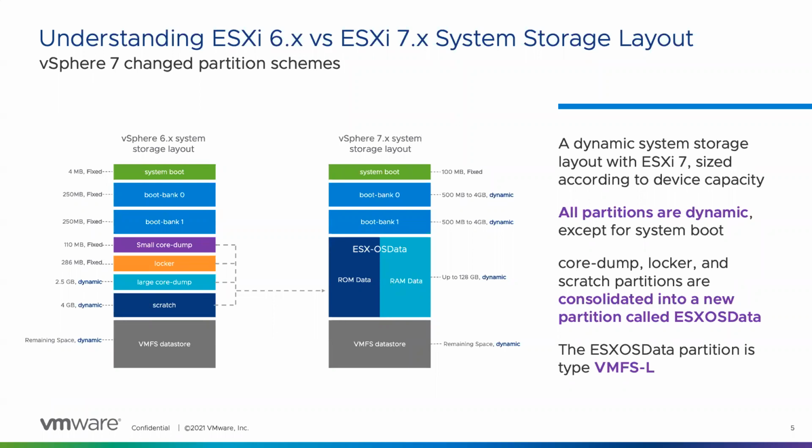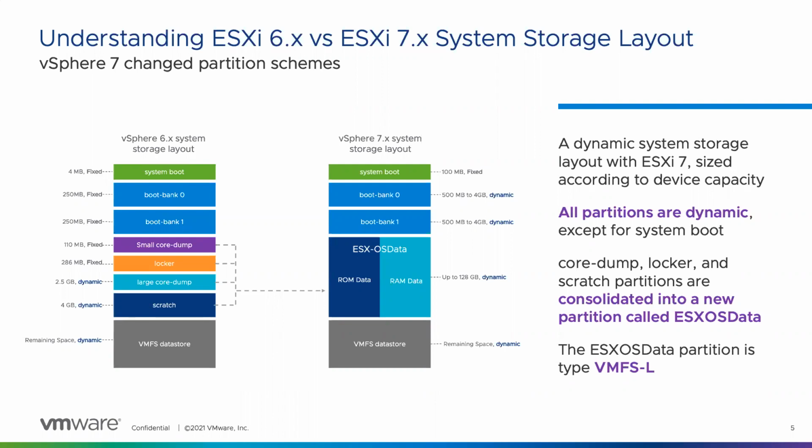Now, with this change, what we are experiencing is not a high-level increase, but a very slight increase in the IO requests being sent to the ESXi system storage stack. And we will talk about why this increased IO request is being experienced in the ESXi 7 system storage.